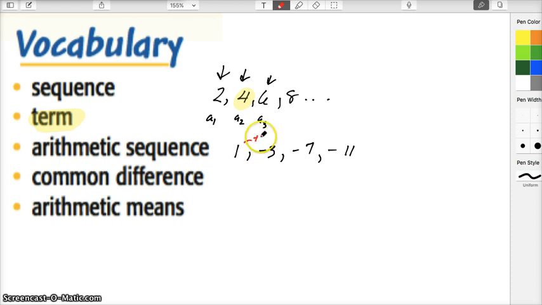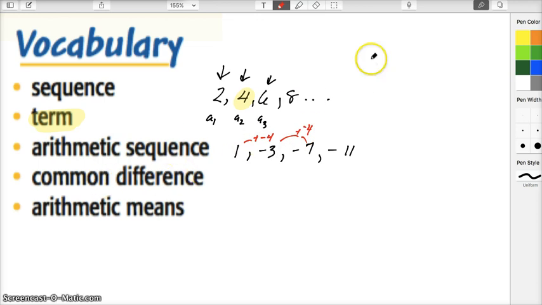So 1 plus -4 is -3, -3 plus -4 is -7. You guys see where we're going with this, and so forth. So an arithmetic sequence has to have that quality where you're constantly adding the same number, or you could look at it as subtracting, but I'm going to just say adding because I can add a negative.